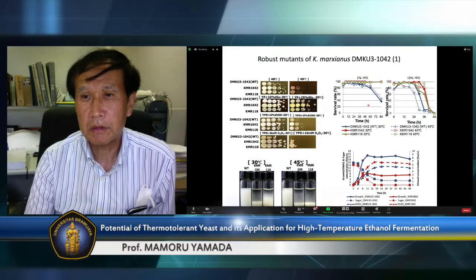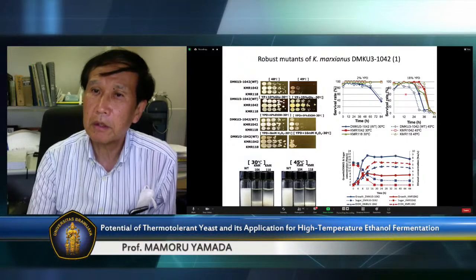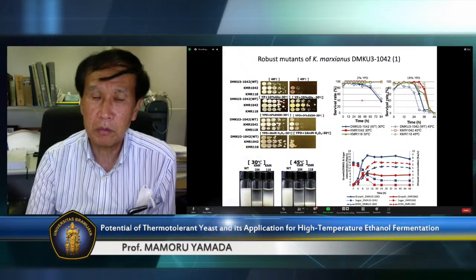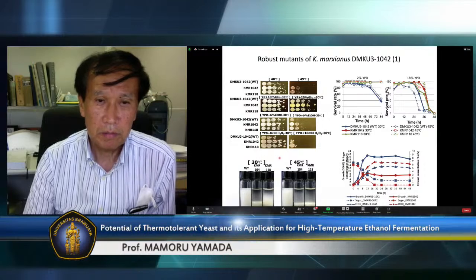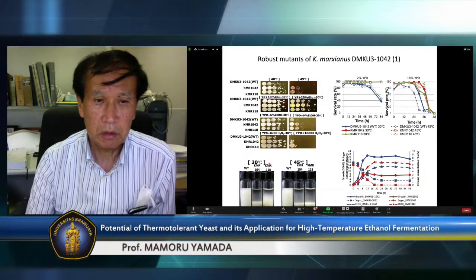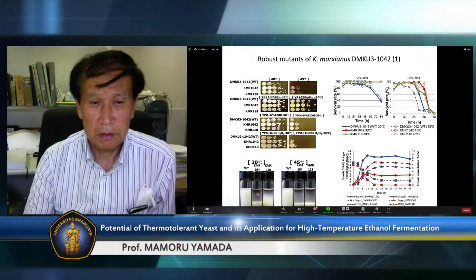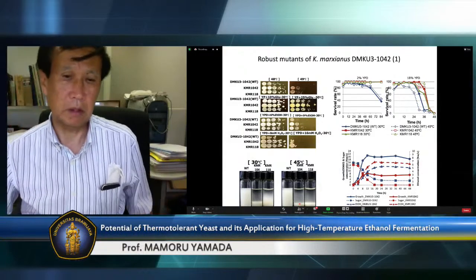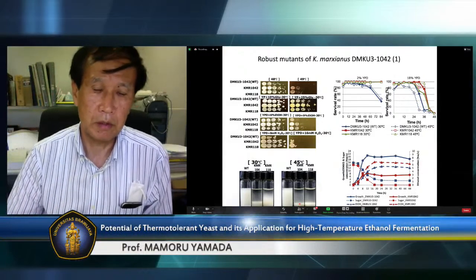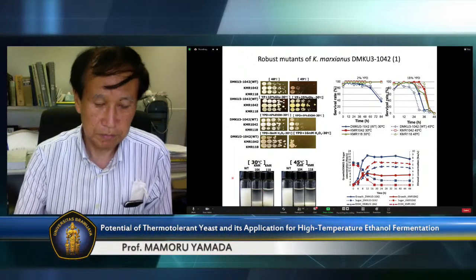Liquid culture also shows temperature resistance compared to wild type. In addition, these two mutants show stronger sedimentation, which is beneficial for the recovery of the cells for the next fermentation.